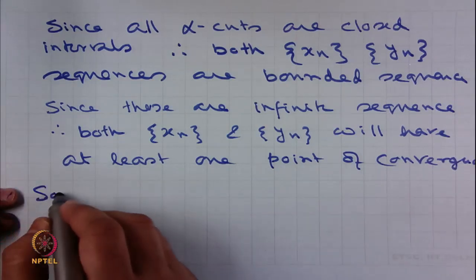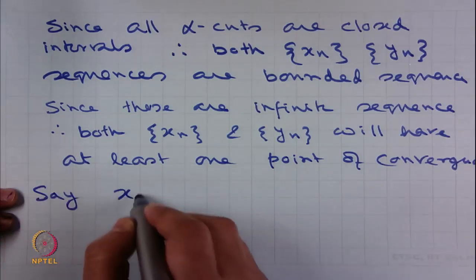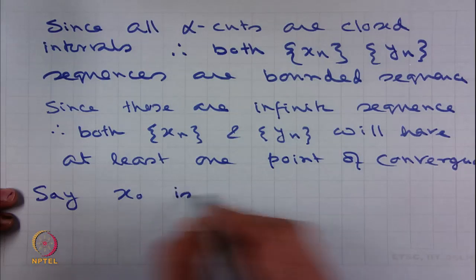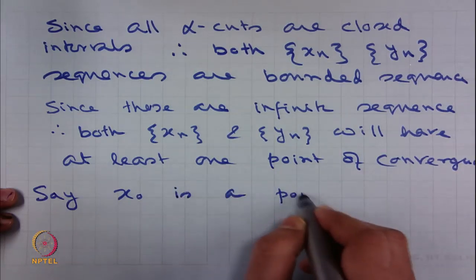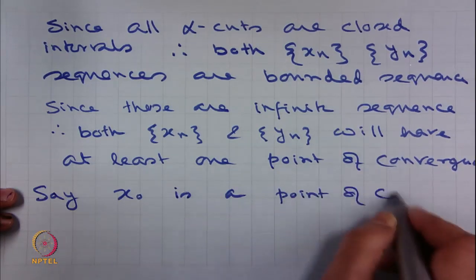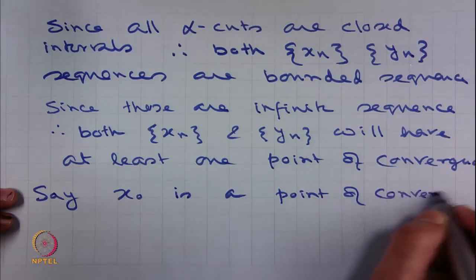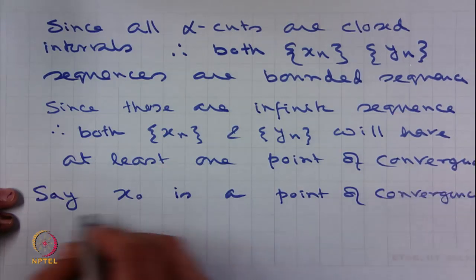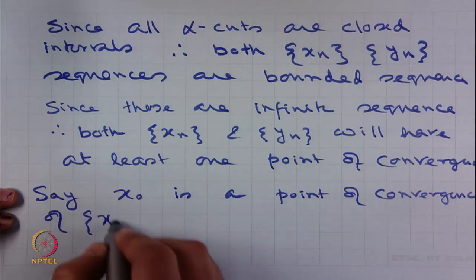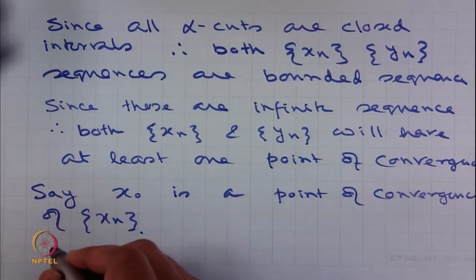Say x naught is a point of convergence of x n. What does it mean?